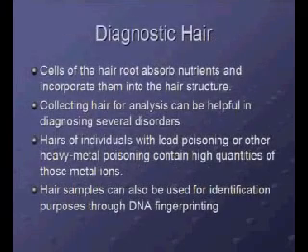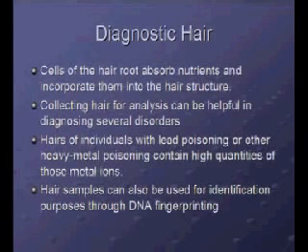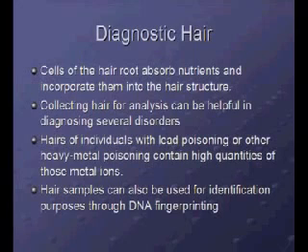Now, diagnostic hair. Again, those of you who follow CSI will appreciate this. Cells of a hair root absorb nutrients and incorporate them in the hair structure. Collecting hair for analysis can be helpful in diagnosing several disorders. Hairs of individuals with lead poisoning, for example, or other heavy metal poisonings contain high quantities of those metals.